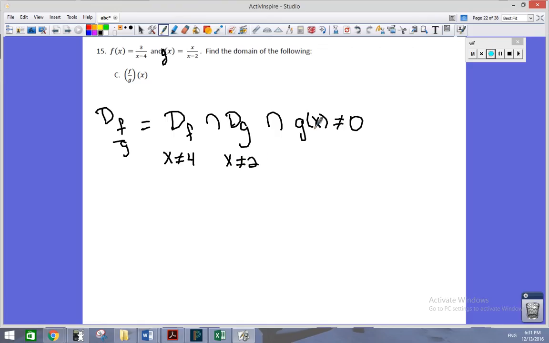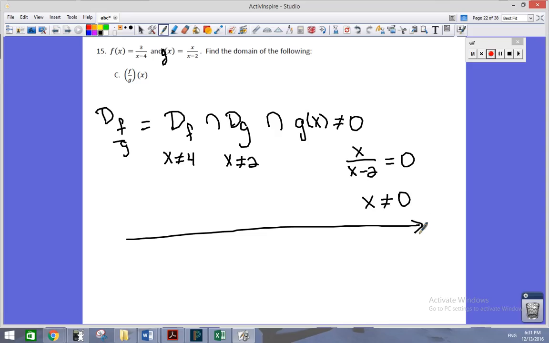And when would g be 0? When would this fraction reduce to 0? A fraction reduces to 0 when the numerator equals 0. So if x equals 0, this fraction will be 0. I want to avoid that from happening. I need to throw 0 out of the domain. So the domain of f divided by g is all real numbers excluding 0, excluding positive 2, and excluding positive 4. All the other numbers are fine.